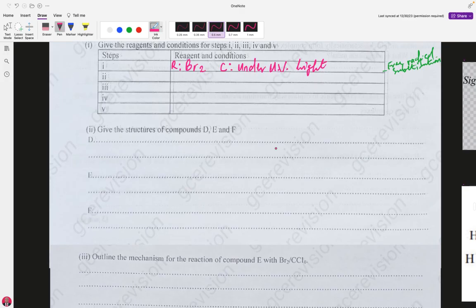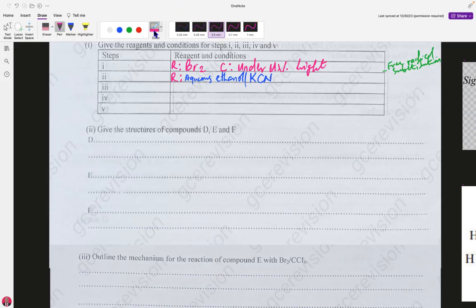The reagent here is aqueous ethanol and potassium cyanide.